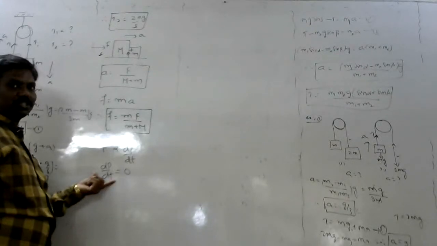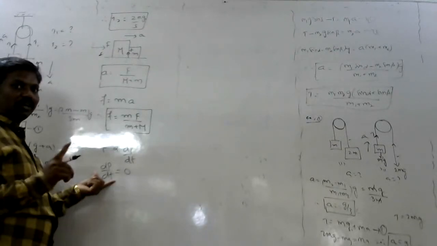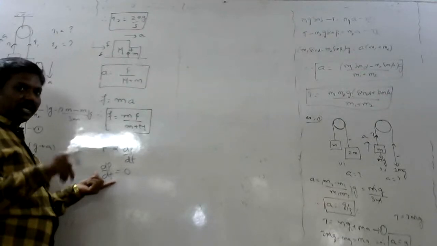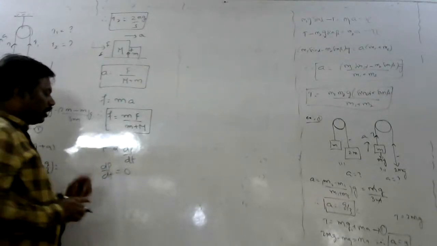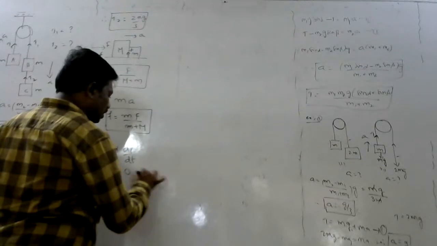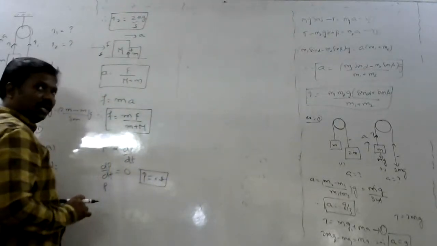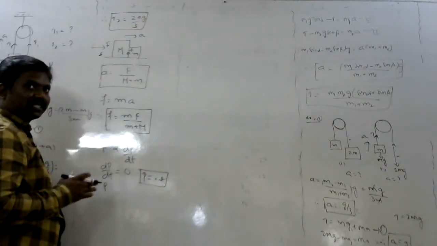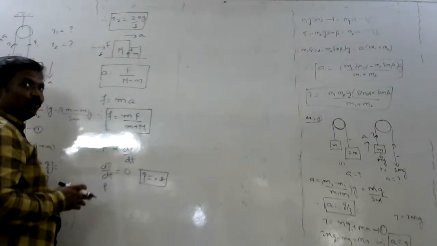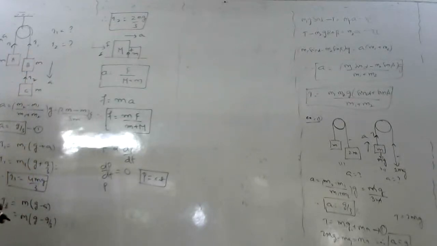So this is a differential form. When we differentiate a constant, we get 0. So P is constant, which means momentum is constant. Here consider two bodies of masses m1 and m2 moving with velocities v1 and v2.